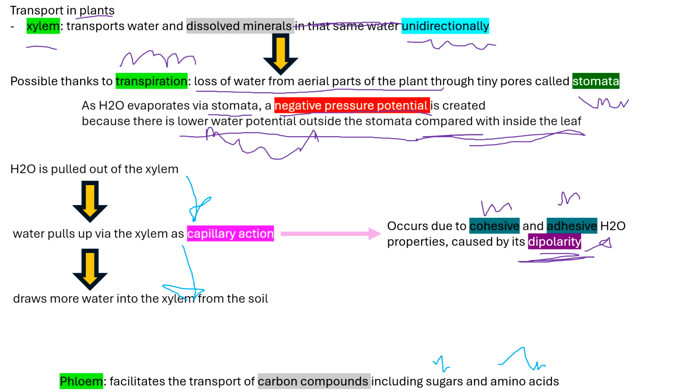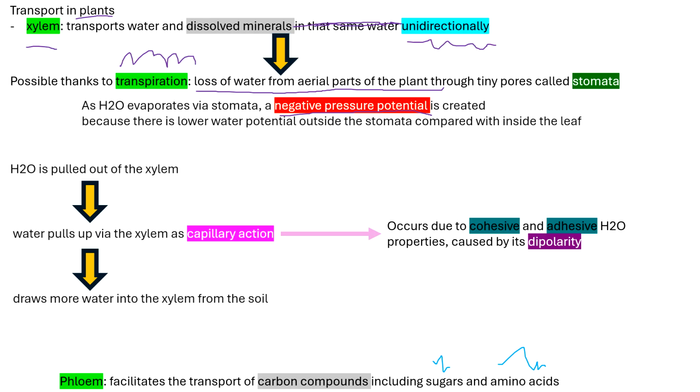The keyword dissolved is important here because the minerals in the xylem are transported inside the water because they're dissolved inside the water. Now, the sugars and amino acids, they are not dissolved. They are just carried.